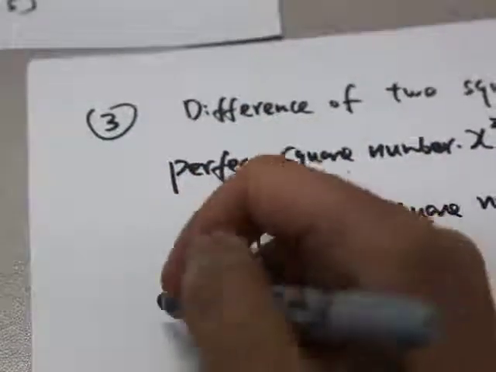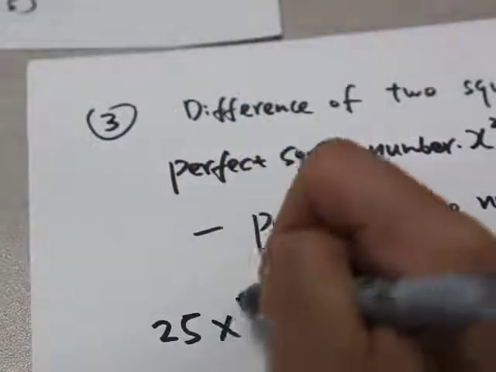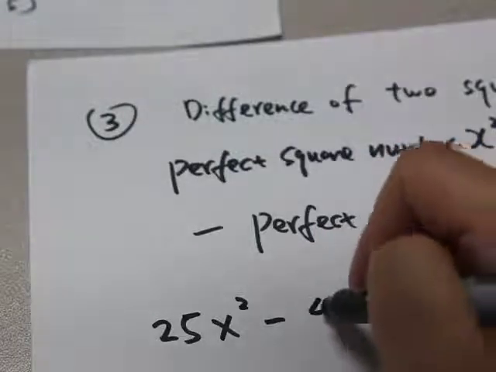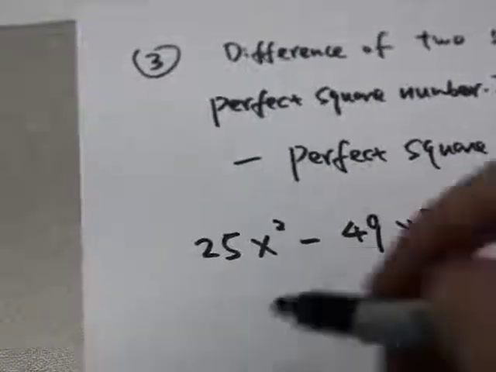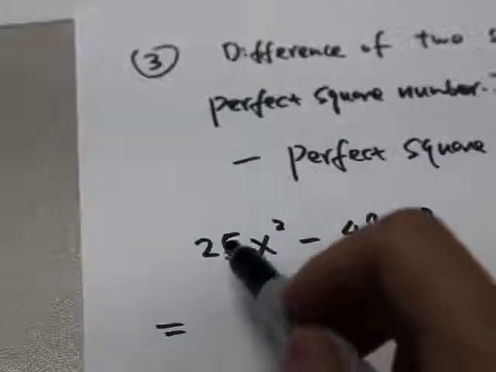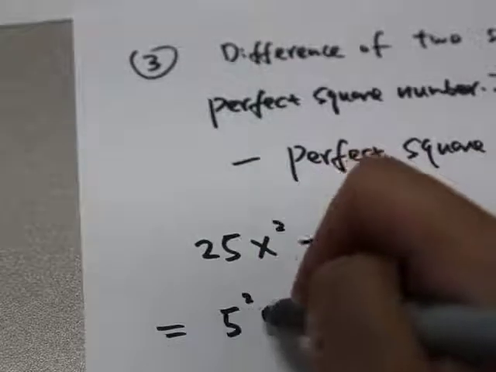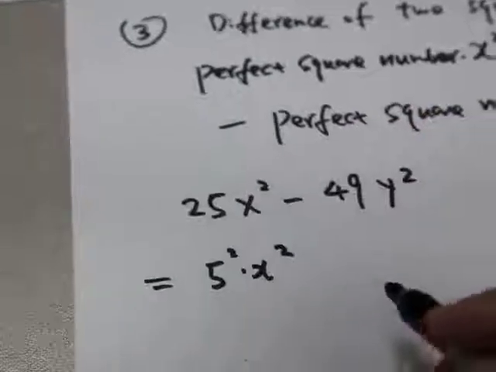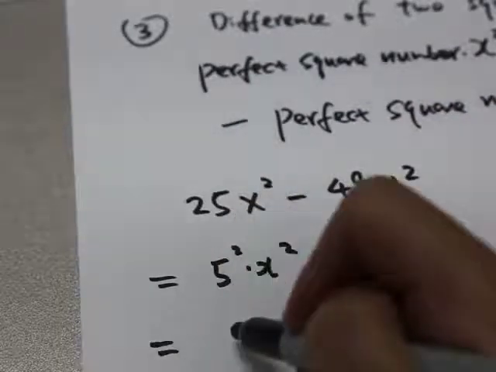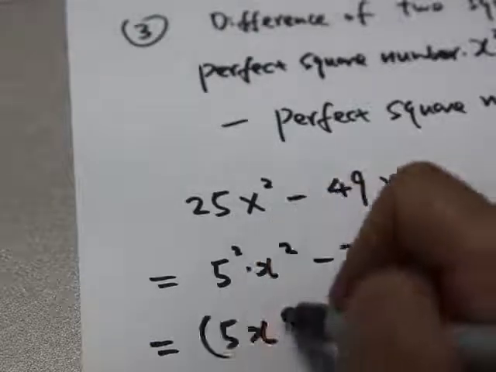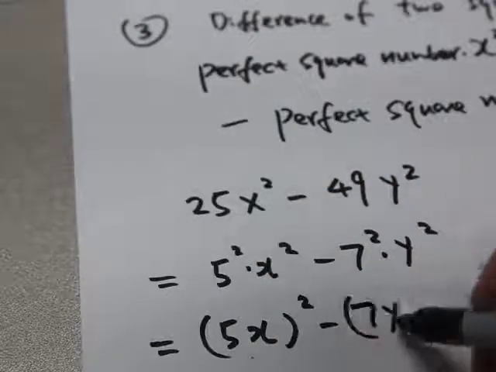So for example, here I have 25x squared minus 49y squared. So first we write 25 as 5 squared times x squared, and we write 49 as 7 squared times y squared. So this becomes (5x) squared minus (7y) squared.